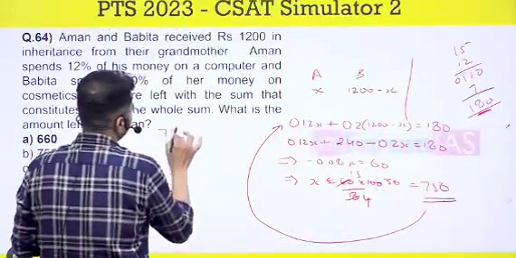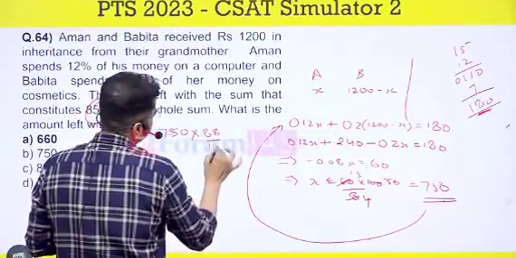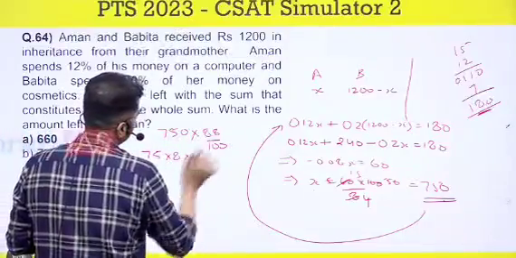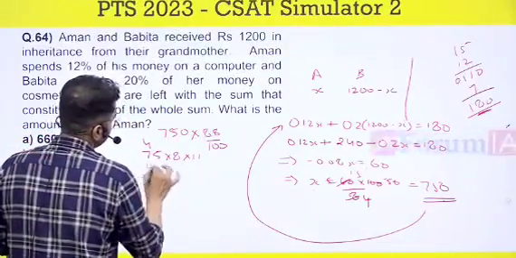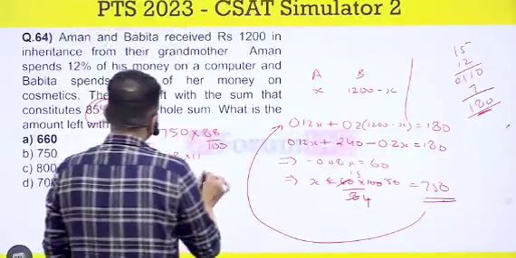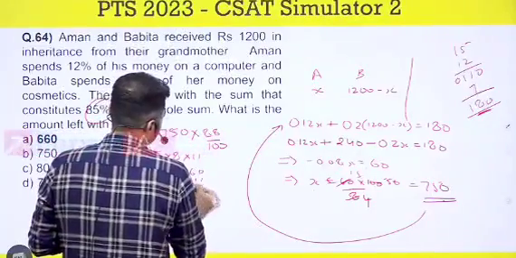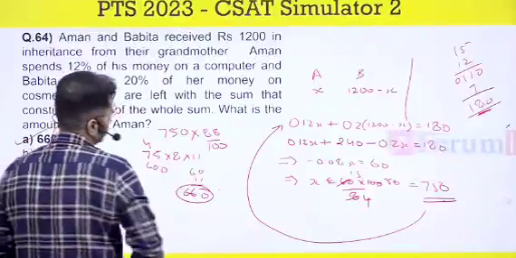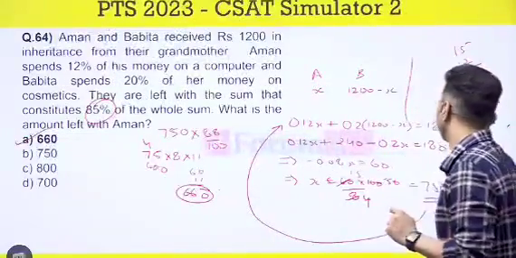That means 750 into 88 by 100. So 75 into 8 into 11. 8 5s are 40, 8 7s are 56, 60. So 60 into 11 becomes 660. The answer would be 660.